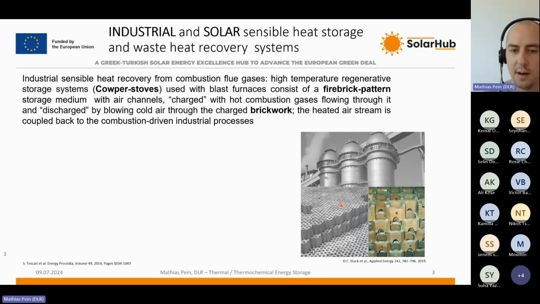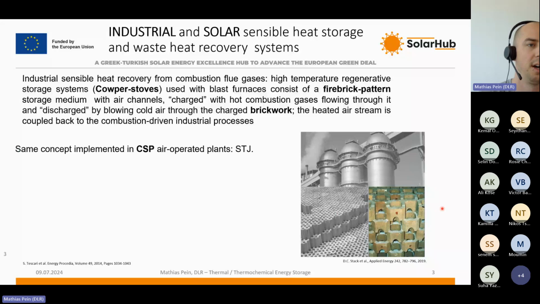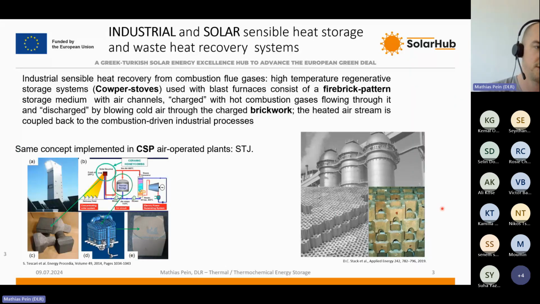Originally this has been concrete, but it can also be other waste and debris, ceramics, high temperature ceramics, mostly inert. So this is only a means of sensible energy storage. And this is also already incorporated in many CSP plants, such as the solar tower that we operate at DLR in Jülich.